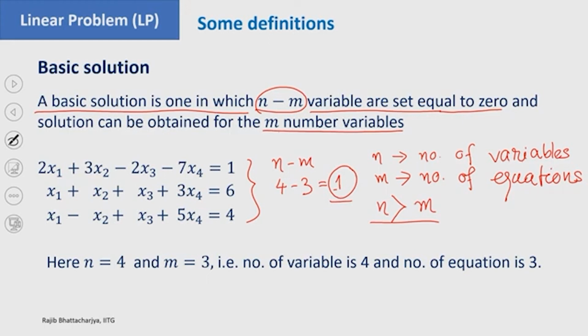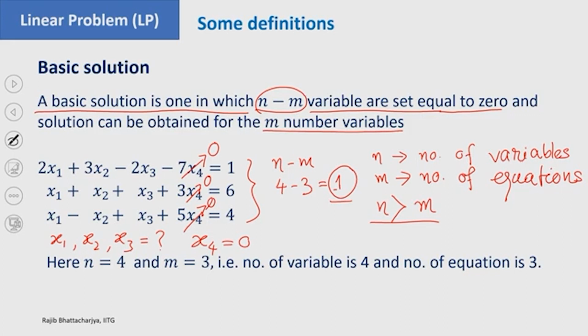You may take any variable. Suppose I say that x4 equals 0. So, then I have x1, x2 and x3, and I can find out the values of x1, x2, x3, and x4 is equal to 0. In that case I will say that whatever solution I am getting is a basic solution. I hope this is clear.